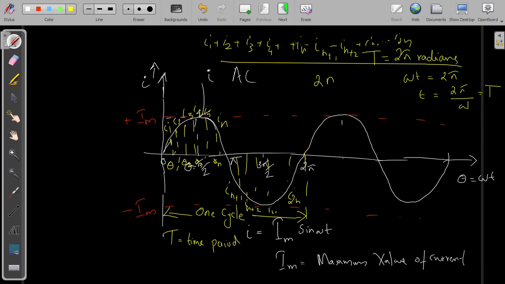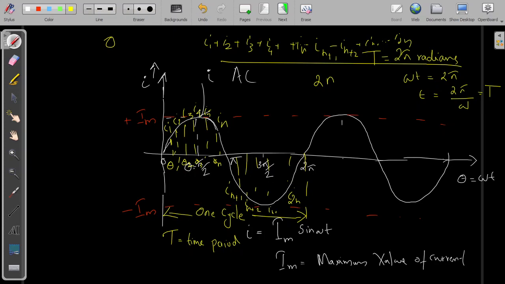So this is what I mean by average. For every I1 in this positive half cycle, we have a negative value in the negative half cycle. So I1 and minus I1 will get cancelled, and we get 0. So the average value of an AC waveform, whether it is current or voltage, is 0.